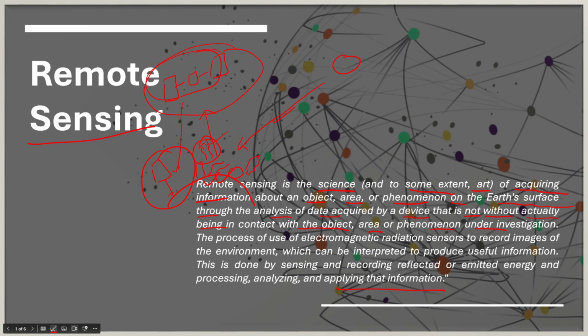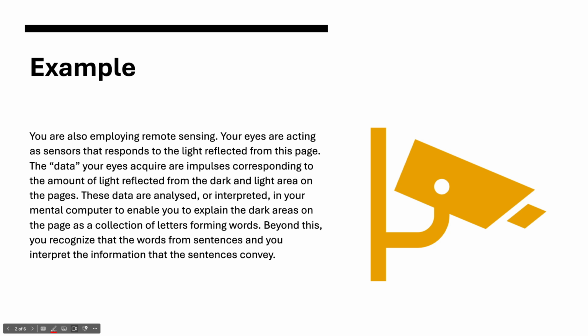Let's move to the next slide. You can take the example of our eyes. This is the sun, and you are reading a book. The radiation coming from the sun strikes your book and is reflected back to your eyes.